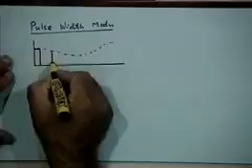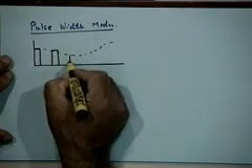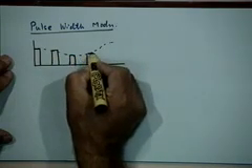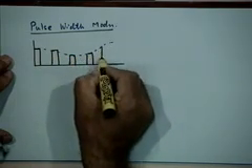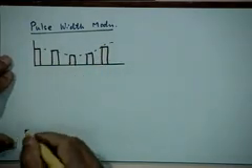So, you first generate a pulse amplitude modulated signal in the same way as we discussed earlier, right. That is the first step.